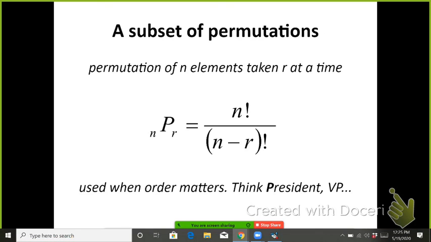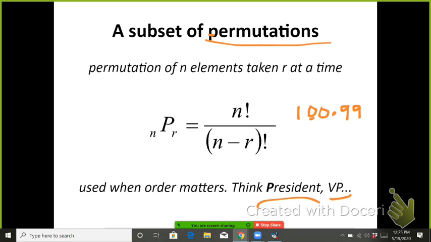Now, in that example, we had 5 textbooks and ordered all 5 of them. But in most permutation problems, you're going to choose a subset of all the things. Like the first example I gave, picking a president and a vice president of your class of 100 people. How many ways can you do that? Any of the 100 people could be the president, and any of the 99 remaining people could be vice president. So there would be 9,900 ways to do that.